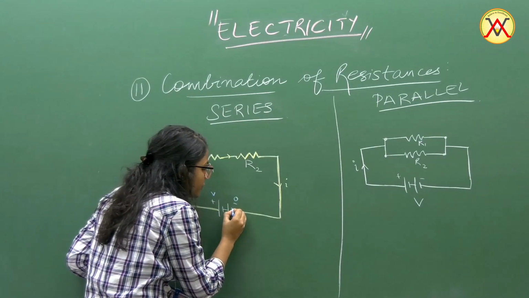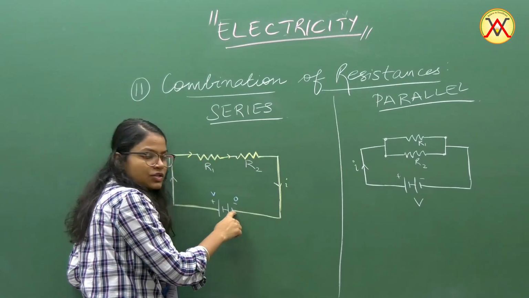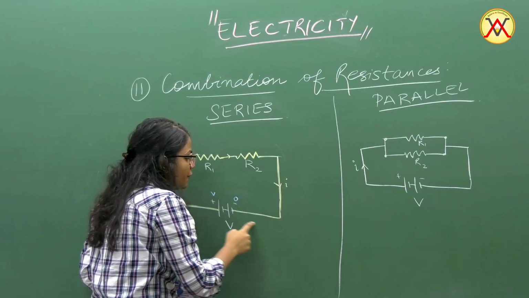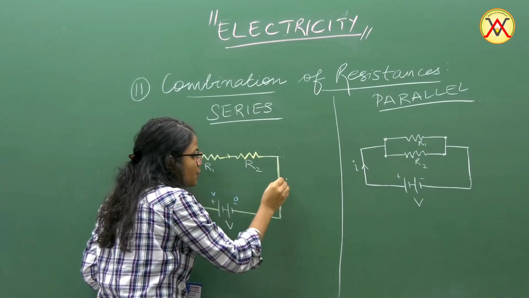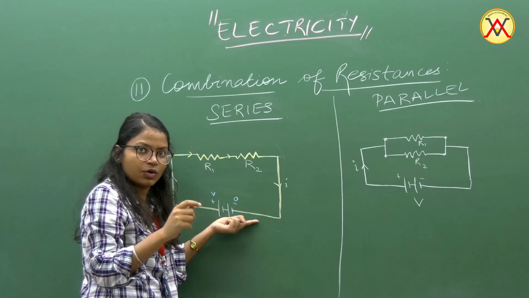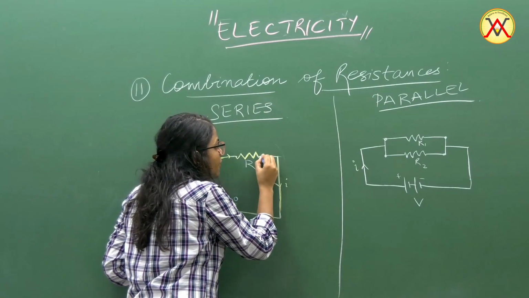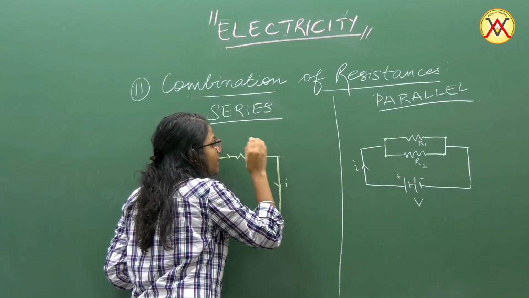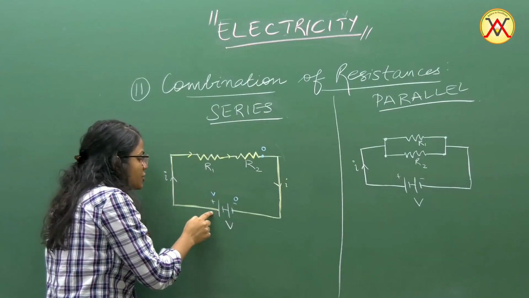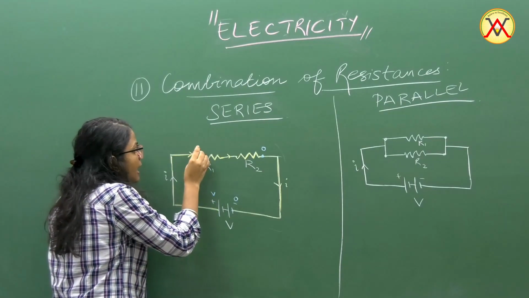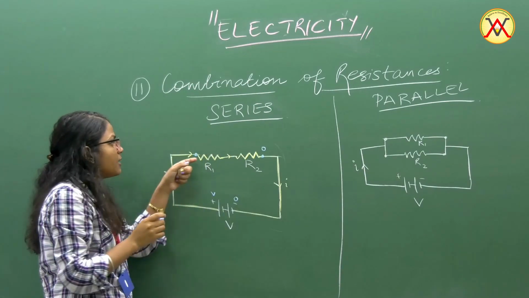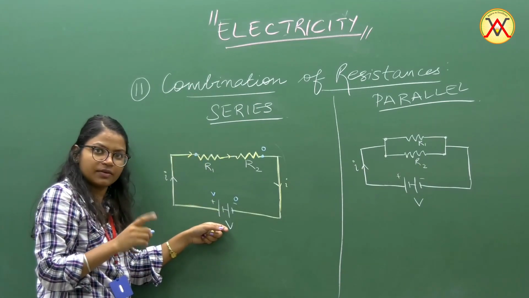If this point is at 0 potential, throughout the wire can you find any device which uses this potential difference or which is using this energy? No. That means this point will again be at zero potential. If this is at V potential, throughout this path up to this point we do not find anything that could use up this energy, right?